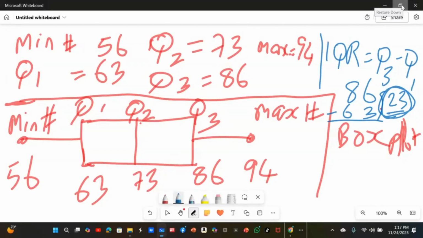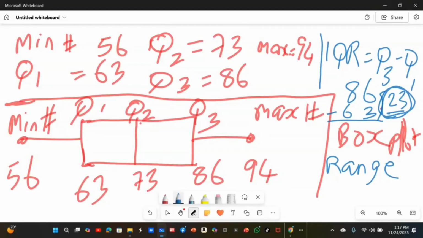We can also be told to find the range. So the range is always maximum minus minimum. So what is the range of his grades? It is maximum minus minimum, which is 94 minus 56.